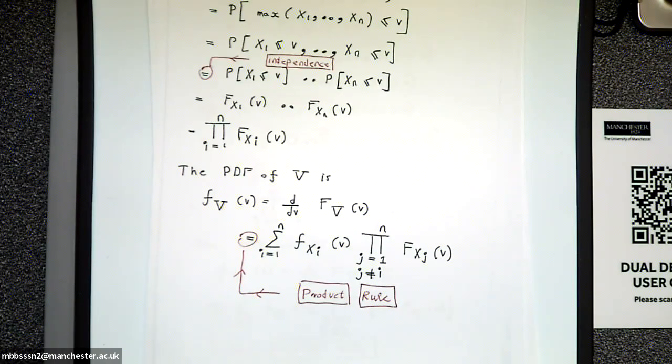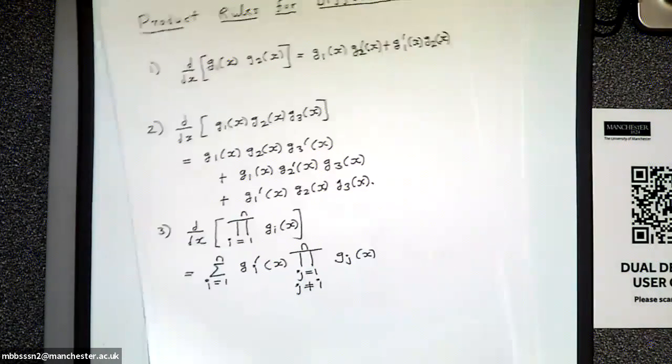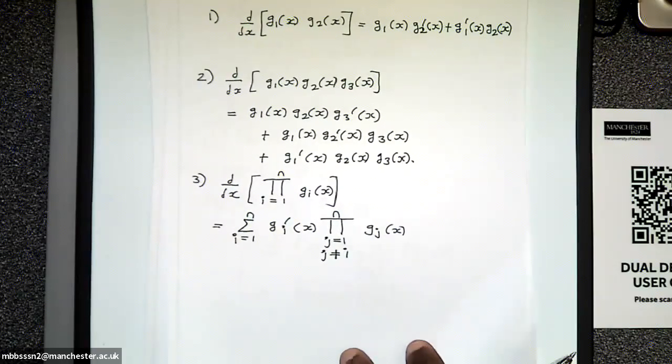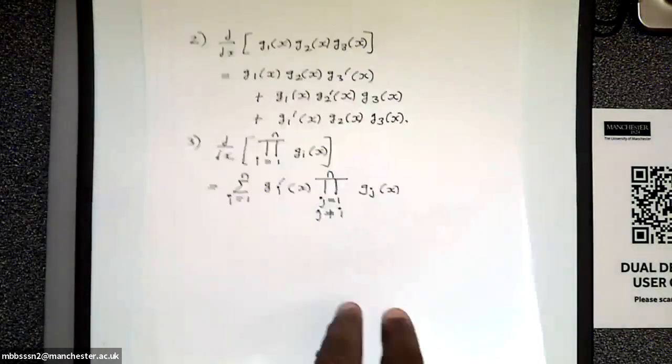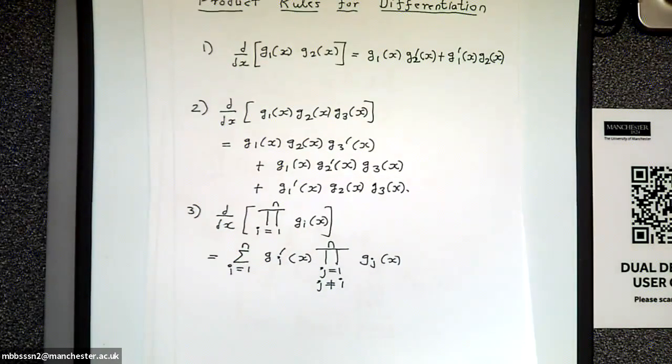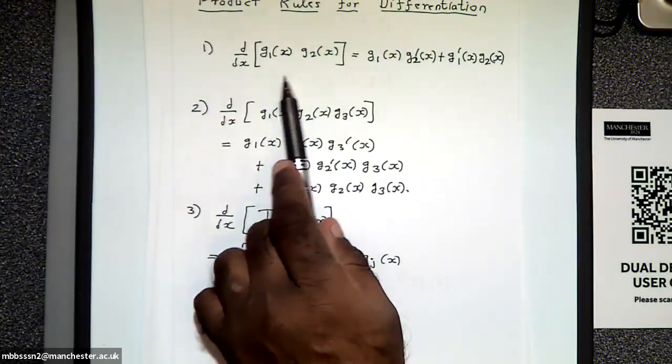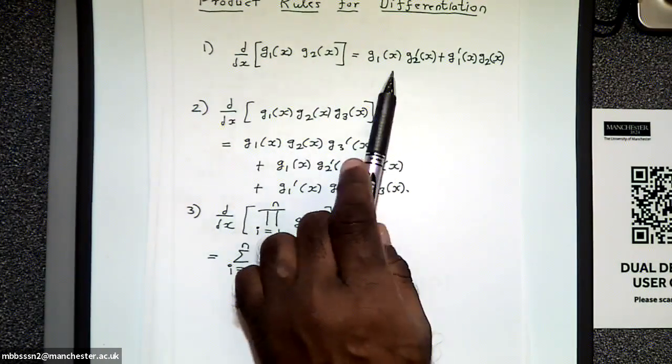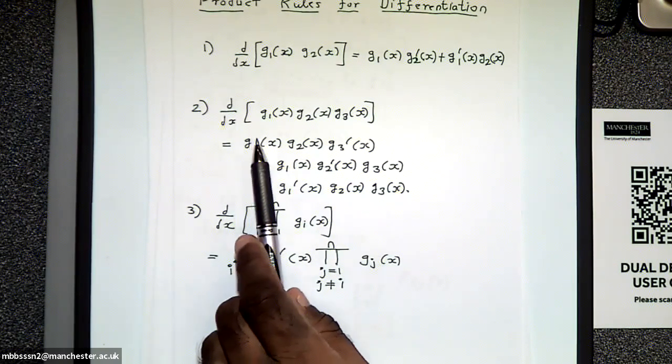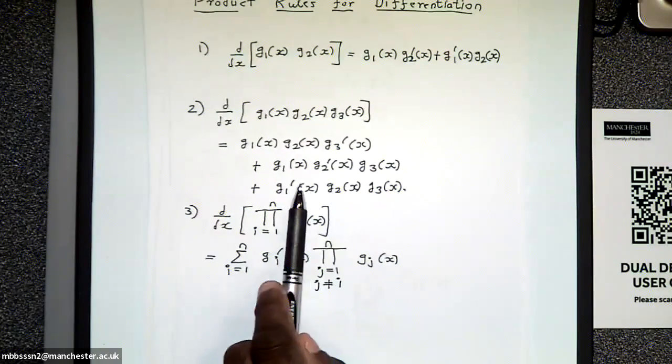Now, some math, I'm sure you know this stuff. This is the product rule for differentiation. I'm sure you did this in your first year. So you have two functions, the product rule is this. When you have a product of 3 functions, this is the product rule.